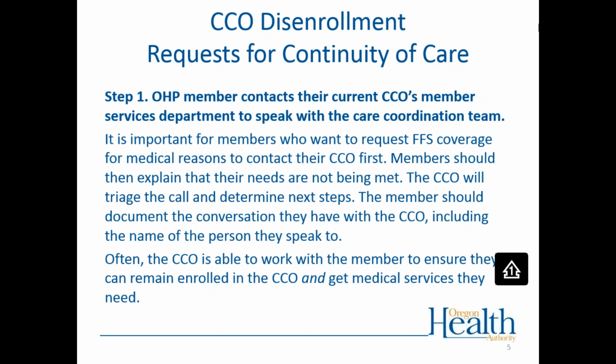However, we first ask that members contact their CCO to discuss the need with their member services department and their care coordination team. So members should explain that there is a need and that their needs are not being met, and the CCO typically will triage that call and determine what the next steps are. They want to meet the needs for members.